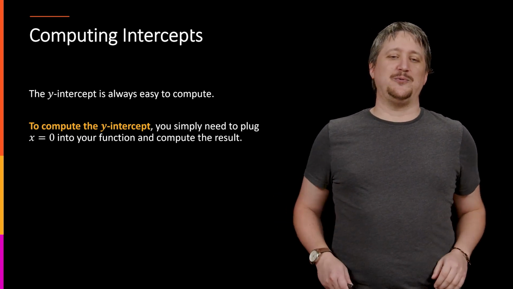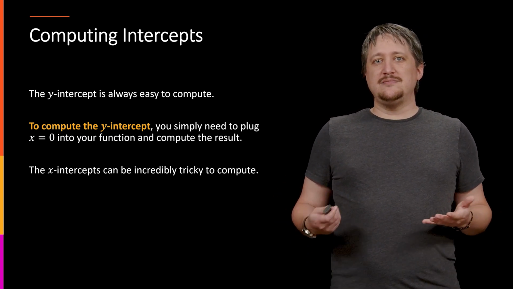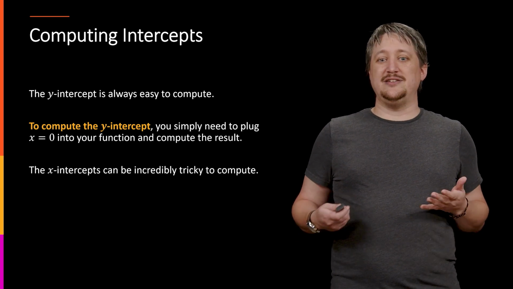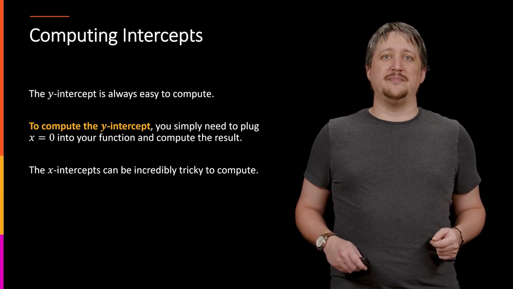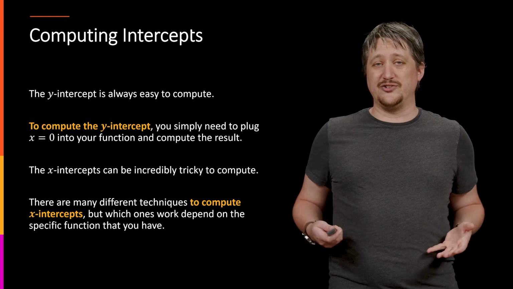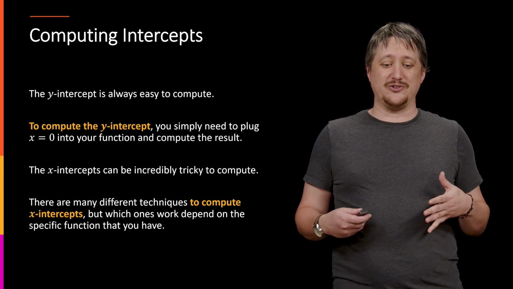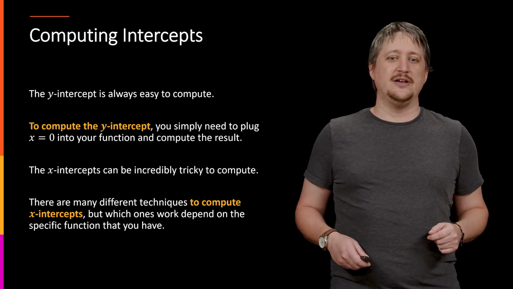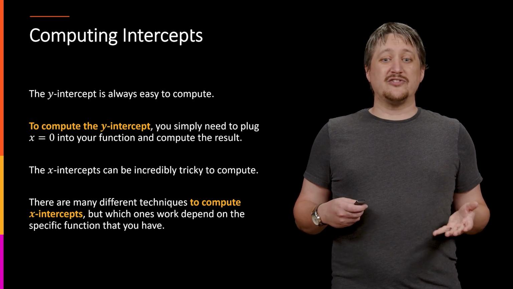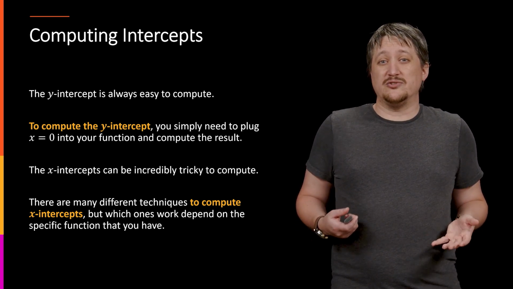In contrast, the x-intercepts can be pretty tricky to compute. In fact, there's a whole bunch of different techniques to actually find x-intercepts, and which one works depends on what the function is that you're trying to find it in.